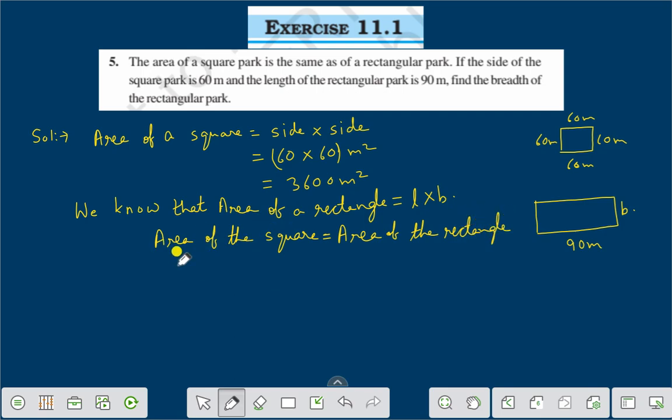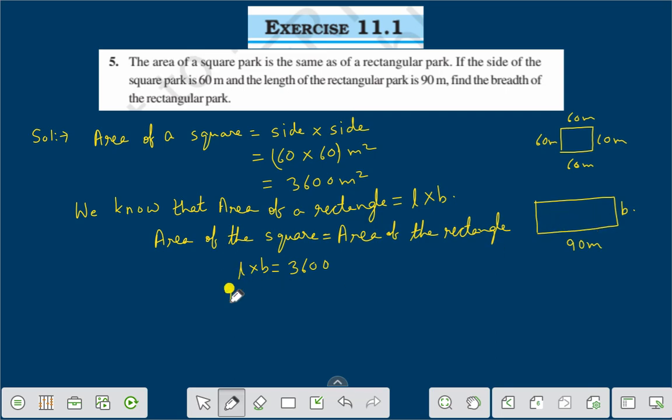Therefore, area of the rectangle can be written as L into B, and that is equal to the area of the square. And we found that the area of the square is 3600 meter square, and length of the rectangular park is 90 meter.